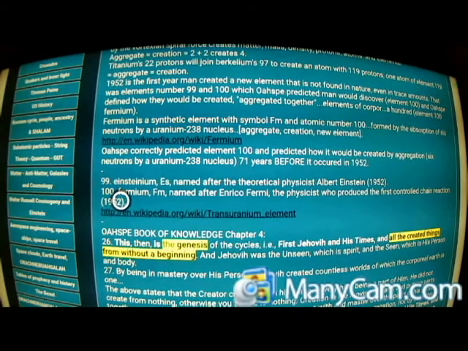Fermium was discovered and named in 1952. Enrico Fermi produced the first controlled chain reaction, I believe, in 1938. And of course, Albert Einstein lived before 1952, and that was the year that element 99, Einsteinium, was named after him.